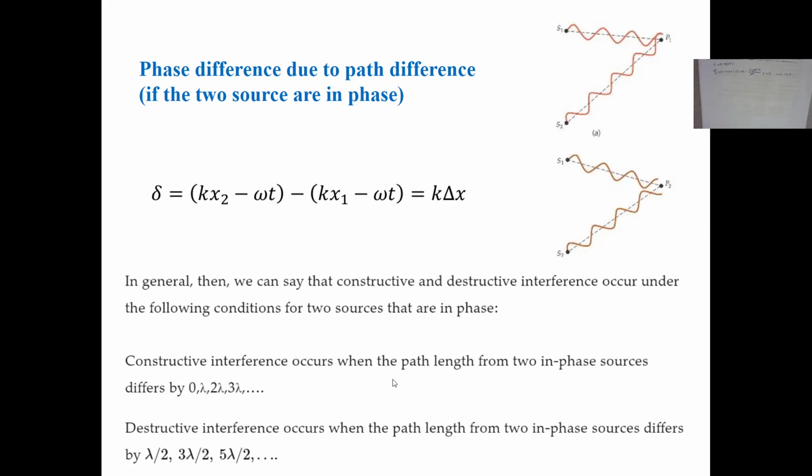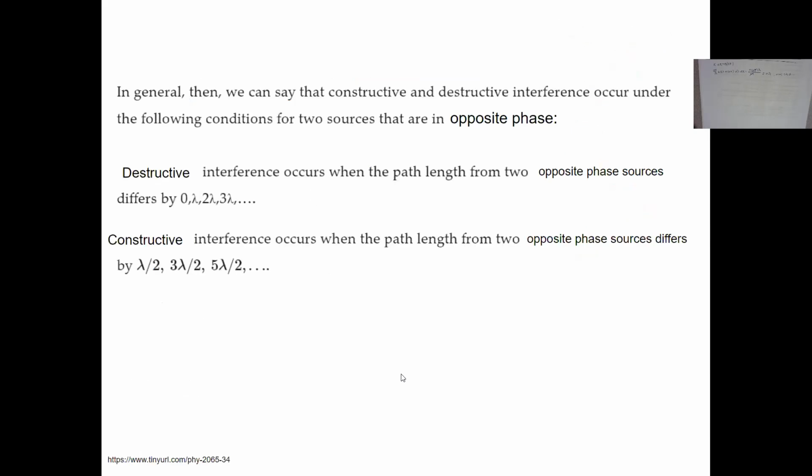Now the other way around: if you have opposite phases, the conditions flip. It's like having an initial phase shift of pi, so the two conditions completely flip.